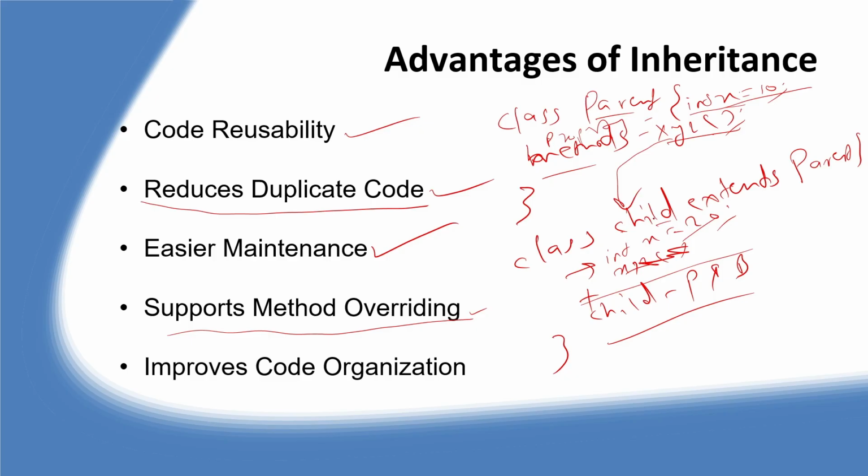So in that case, the child class will override the existing property and behavior. It will override only those properties and behaviors of the parent class which need to be modified. If the child class wants to use existing methods as they are, then we don't need to redefine them. Only updated values will be defined here. That is overriding. We are overriding the value or method which exists in the parent class. So that is how it supports method overriding.